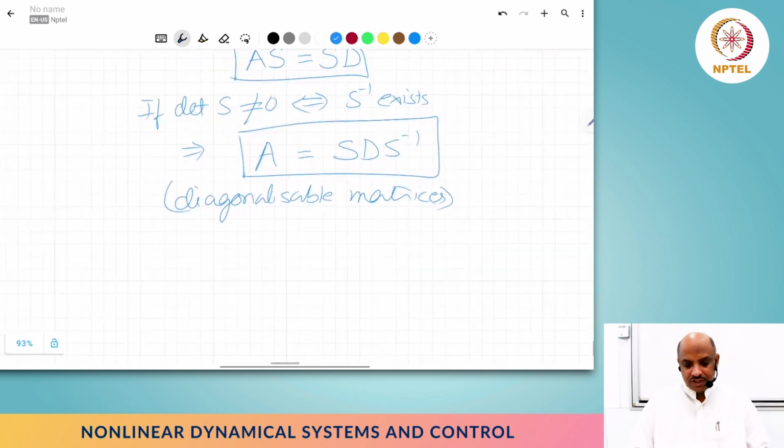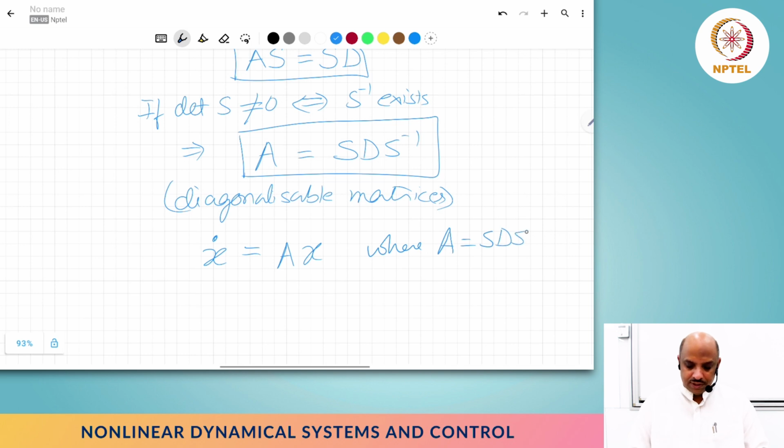Okay. So what does this fetch us? Well, let's say we have some system where x dot equals Ax, where A is diagonalizable, that means A equals S D S inverse.